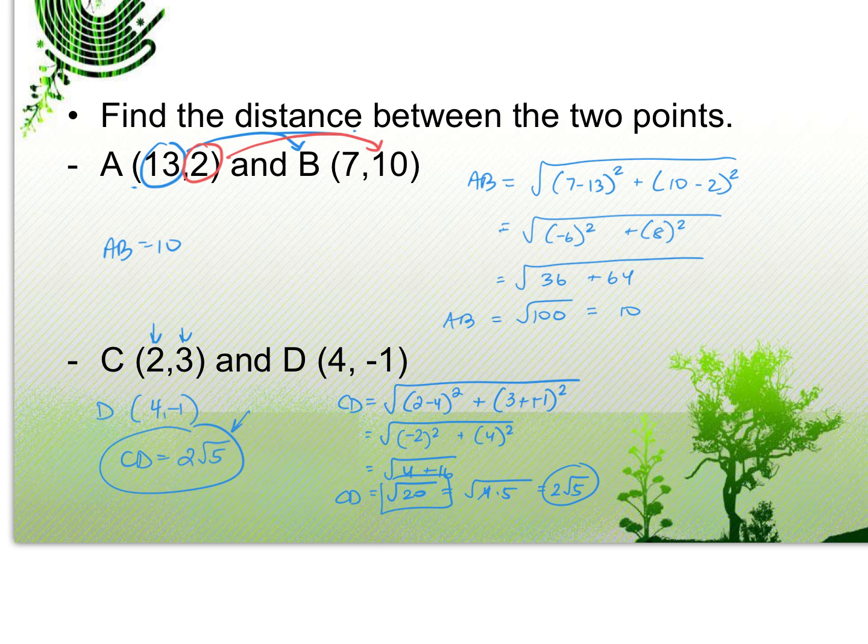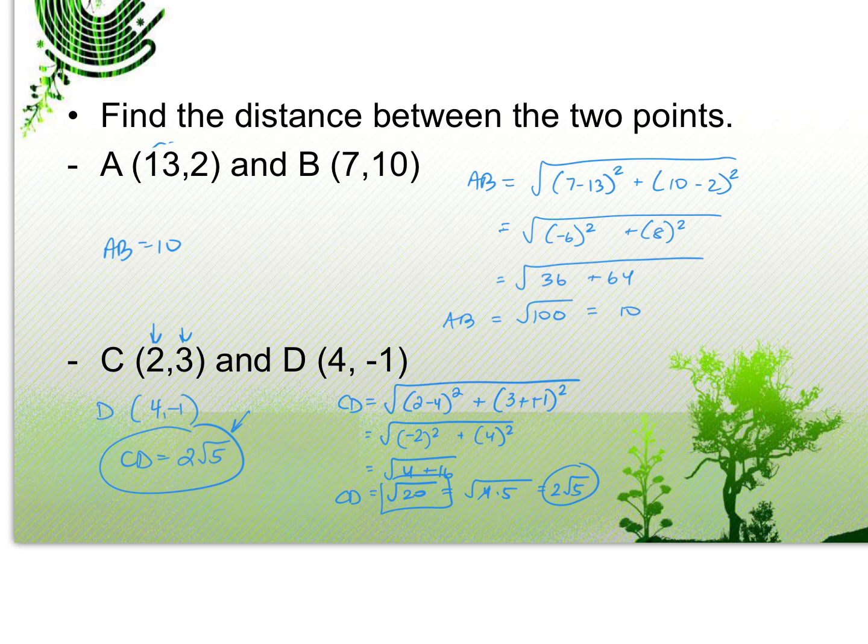You've got to go in the same order, okay? In other words, what you can't do is you can't do 13 minus 7 and then do 10 minus 2. This is what you cannot do, okay? You have to stay in order. Sometimes it may not make a difference in every problem, but you just have to be consistent with your order, okay? And that's it. That's the lesson for today.